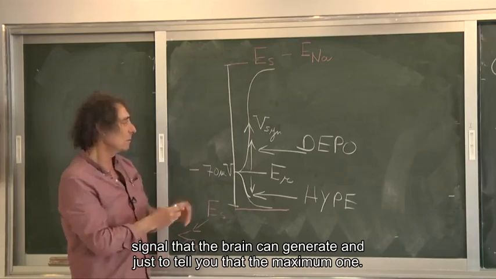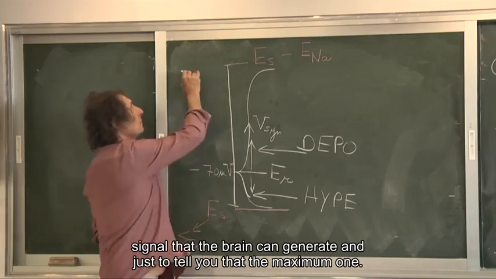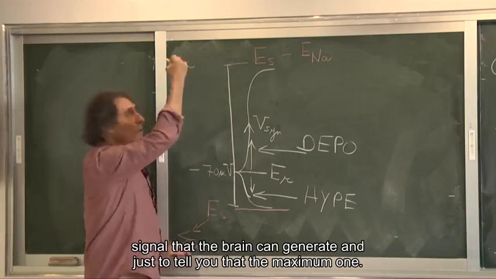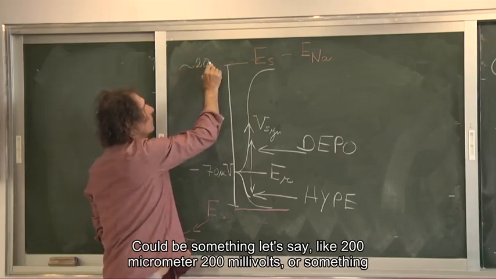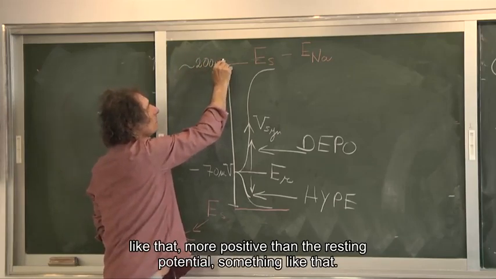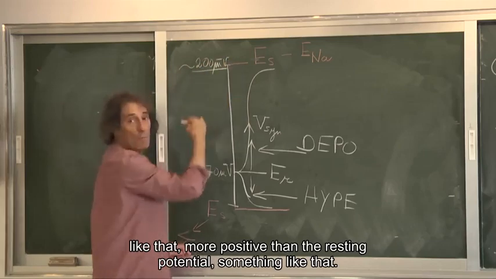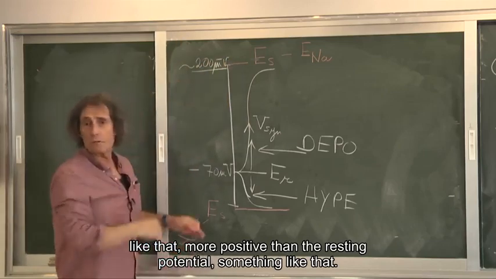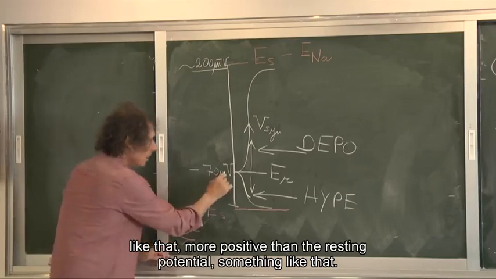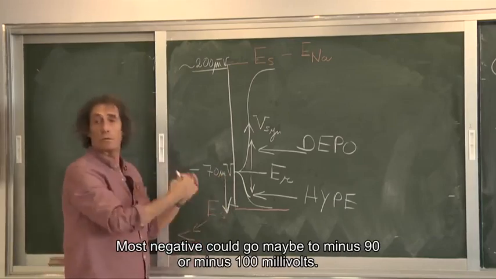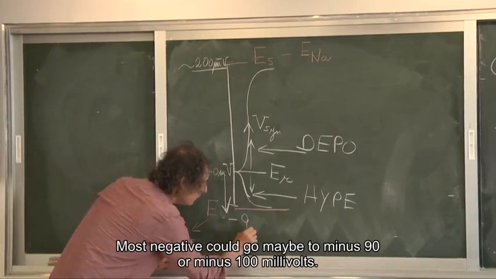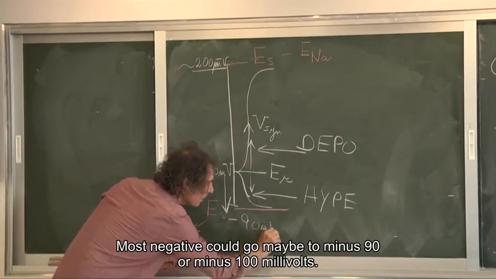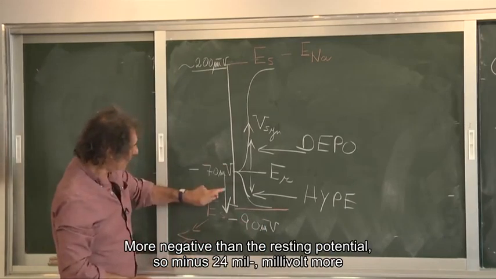And just to tell you that the maximal one could be something like 200 millivolts or something like that, more positive than the resting potential. Most negative could go maybe to minus 90 or minus 100 millivolts, more negative than the resting potential.